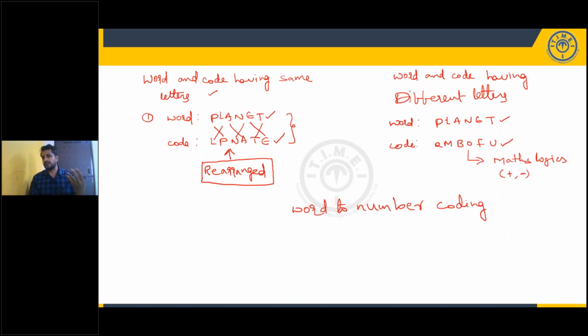Either write them directly on paper in the exam, or memorize them. That is your wish. By writing the place values of the letters, we can deal with this very easily. Math logics, and one more is based on the logic of vowels and consonants. I'm not going to discuss all these things. We are going to discuss original exam questions, but these models are possible.